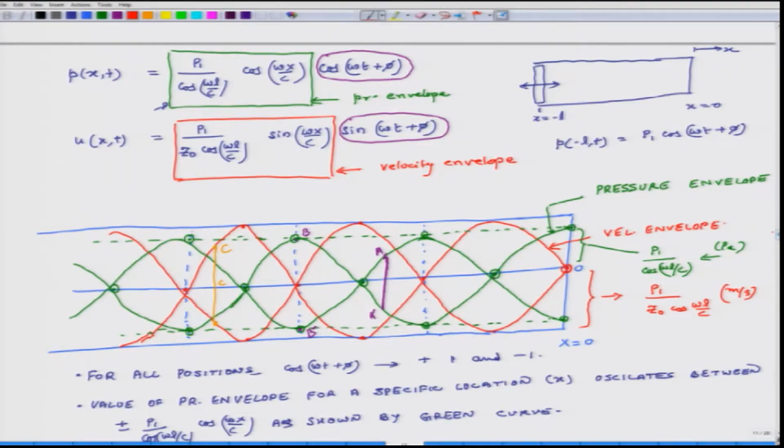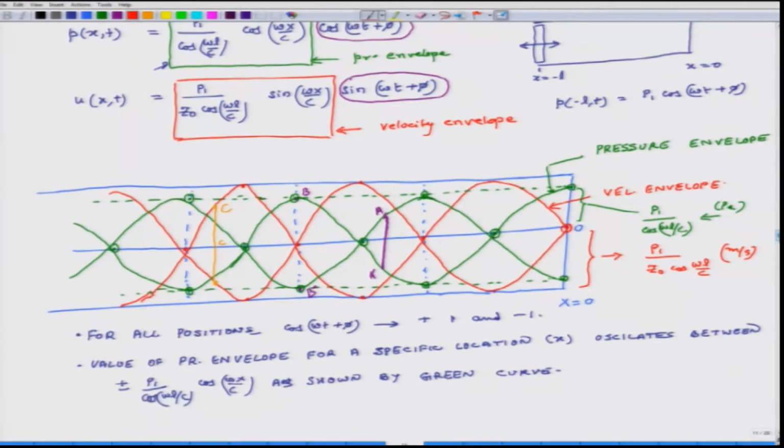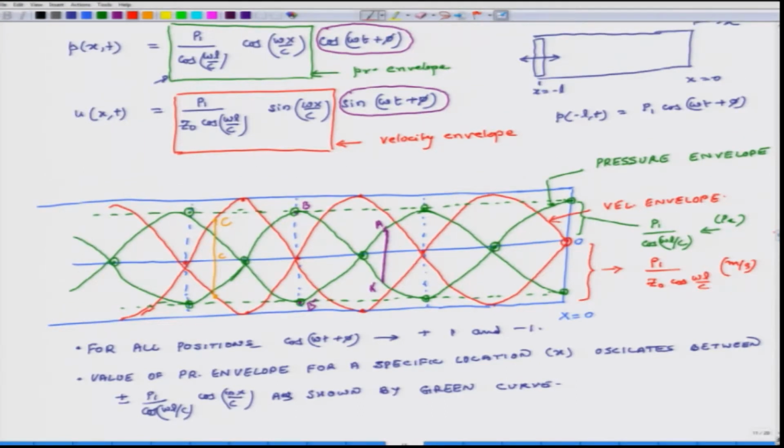But the point is that the range of fluctuation of pressure is not the same at all locations. It is minimum at some locations, it maximizes at some locations and is intermediate at other locations, and the same is true for velocity also.